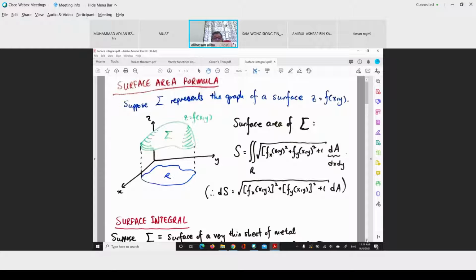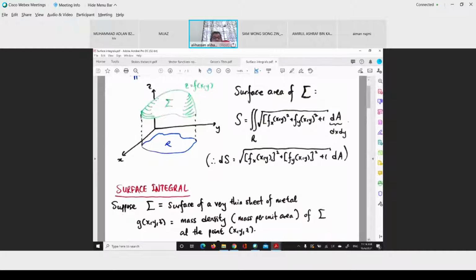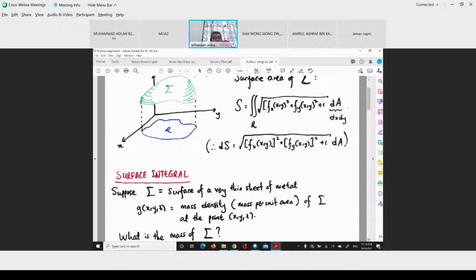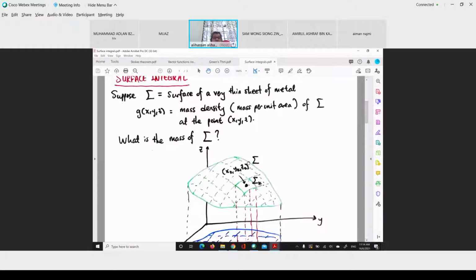Now we look at this idea of a surface integral. I want to introduce to you this idea of surface integral through a problem of finding the mass of, say, a very thin sheet of metal in the form of a surface. So let sigma denote the surface of a very thin sheet of metal.